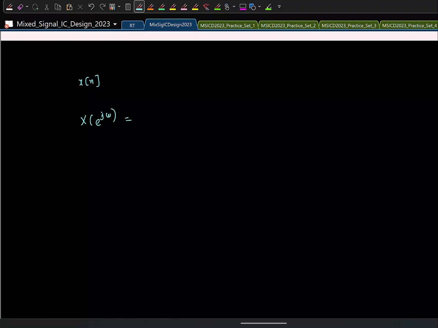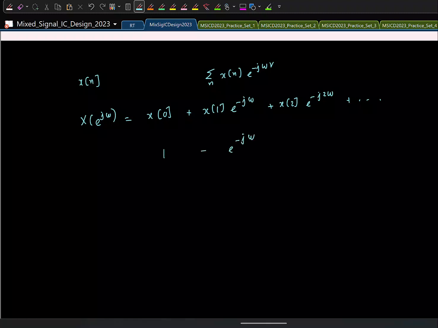How will I find the Fourier transform? It is discrete time, so it is a summation over n, x of n into e to the power minus j omega n. So if I do it, I'll have x of 0 plus x of 1 e power minus j omega, and so on. So here I have 1 minus e power minus j omega.